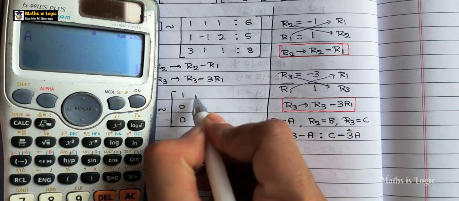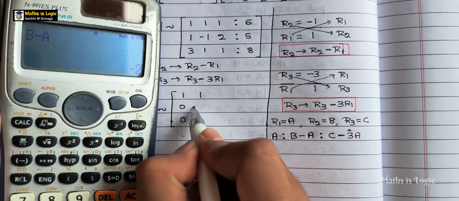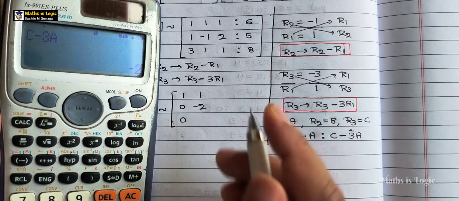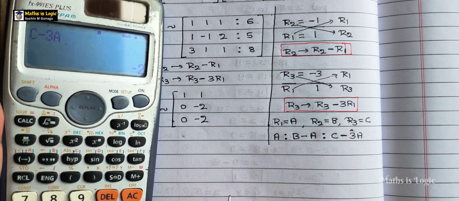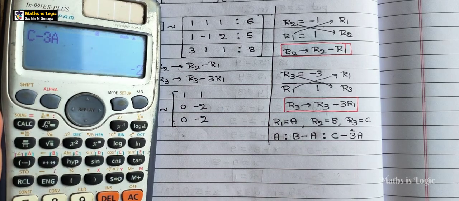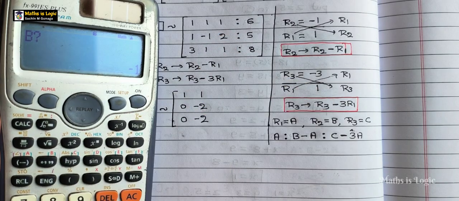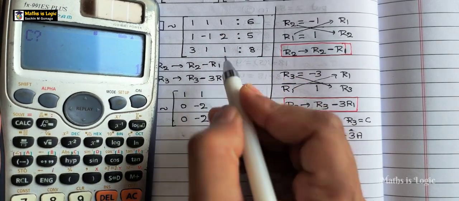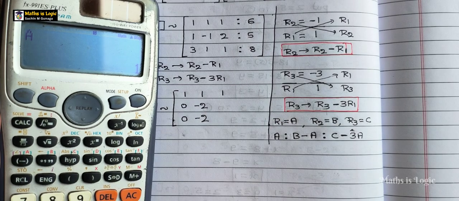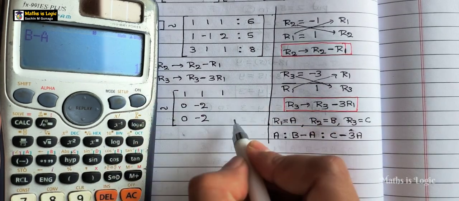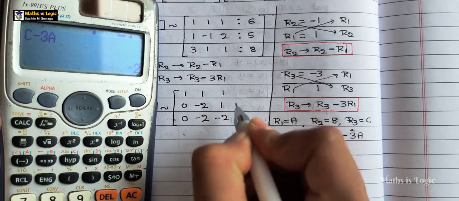Therefore first value 1, next value here is minus 2, and next value becomes minus 2, correct? Minus 2. Next A, 1, B, 2, C, 1. Therefore A, 1, next again 1, next minus 2, minus 2.